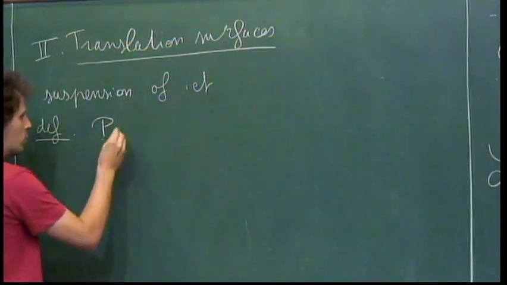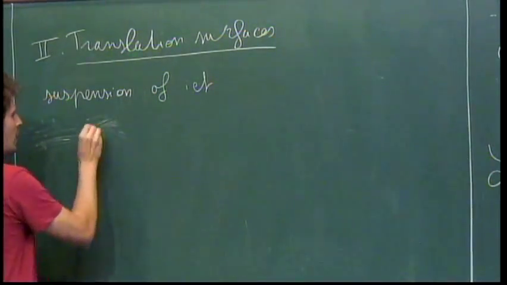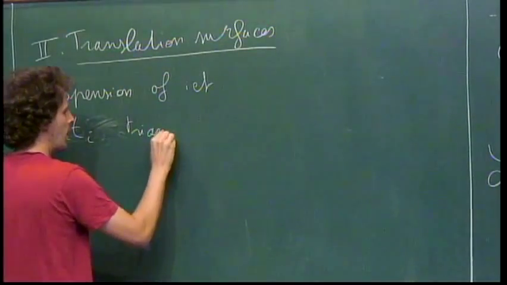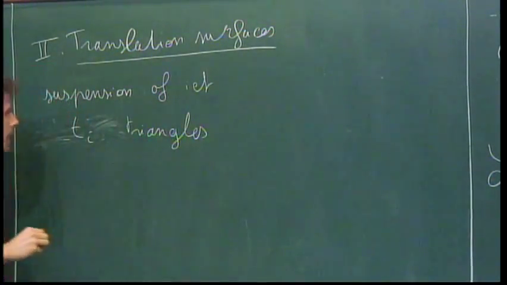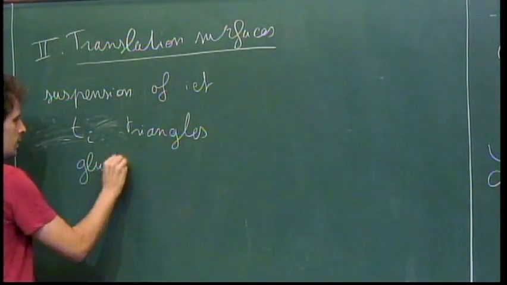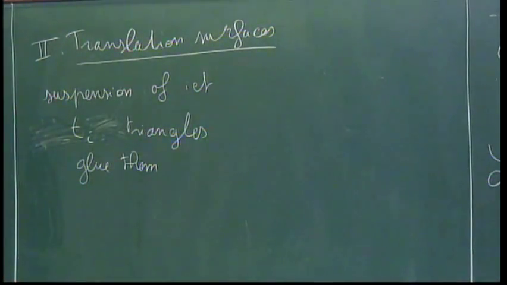I just say a construction in words, so it's almost a definition. So pick n triangles, and we will glue them together to make a surface. When we do the gluings, we want the sides we glue to be identified by a translation.